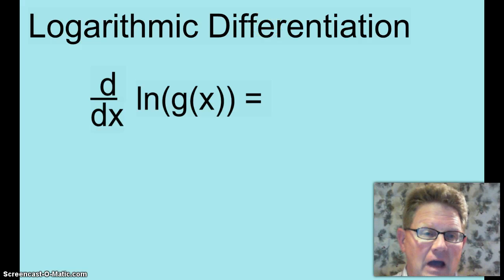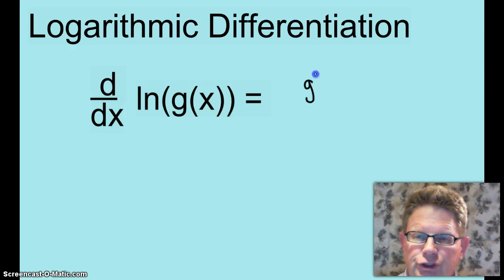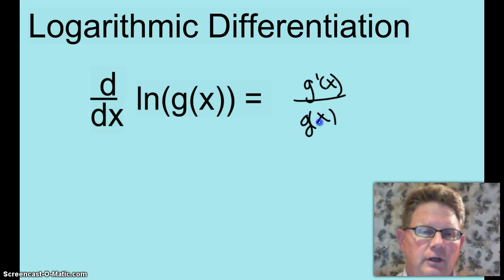Yesterday we found the derivative of the natural logarithm of any function of x to be equal to g prime of x all over g of x. Right? We learned that yesterday.